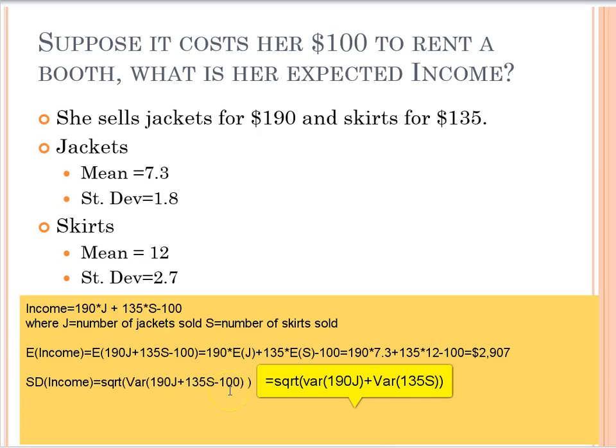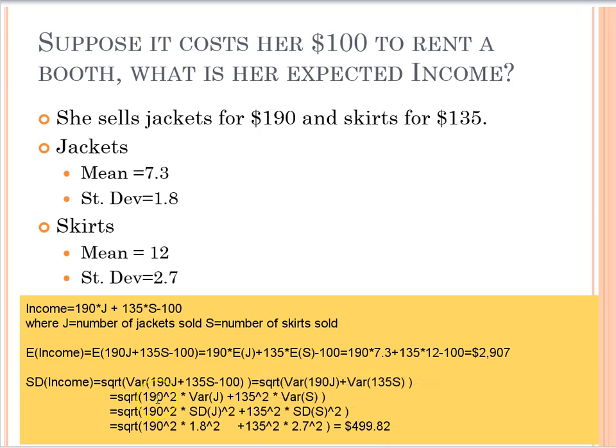Anytime you add or subtract a constant from a random variable, that gets lost because it doesn't affect measures of spread. So we can drop that from our measure of spread. The other constant is multiplied, and so we have to take that into consideration, and when we move it out of the variance operator, it's going to get squared.